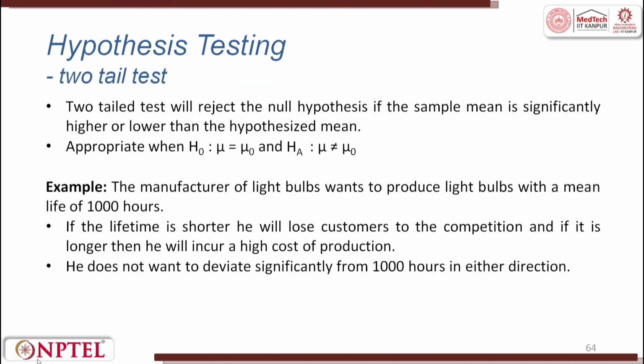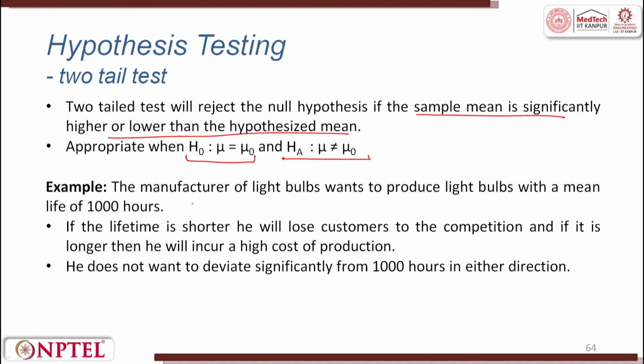What is a two-tailed test? A two-tailed test will reject the null hypothesis if the sample mean is significantly higher or lower than the hypothesized mean. The appropriate H naught, that is the null hypothesis, says that mu is equal to mu naught, and the alternate hypothesis HA says that mu is not equal to mu naught.